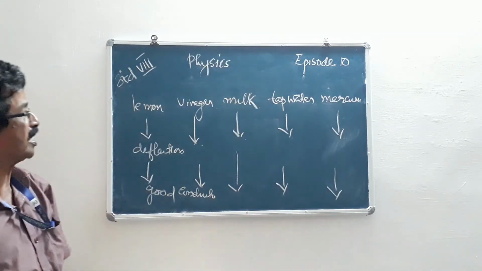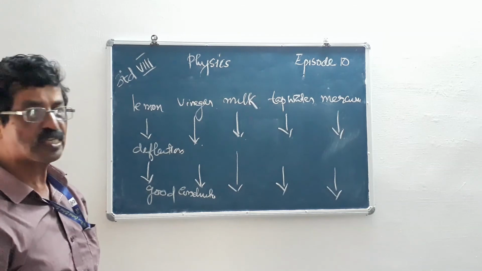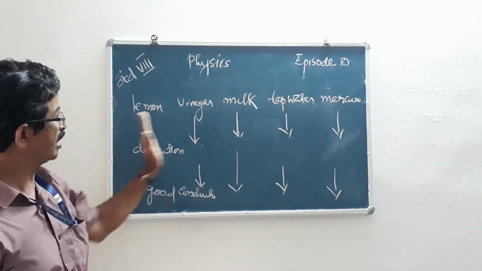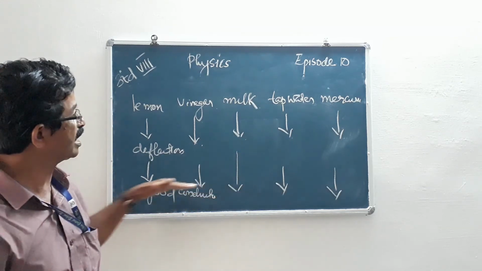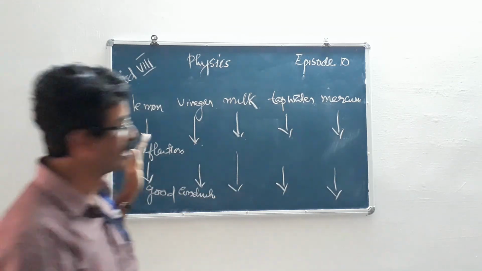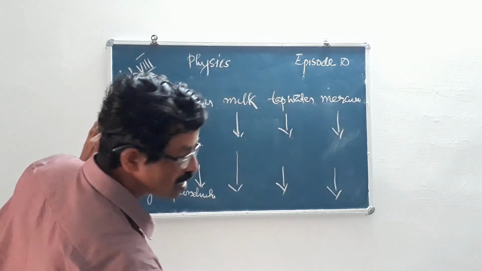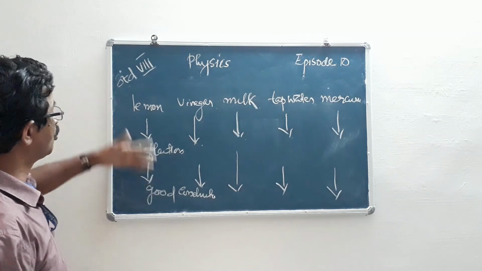These are some of the examples of liquids that conduct electricity and show deflection in the magnetic needle. So these are the examples given in our text to find if they are conductors or not.